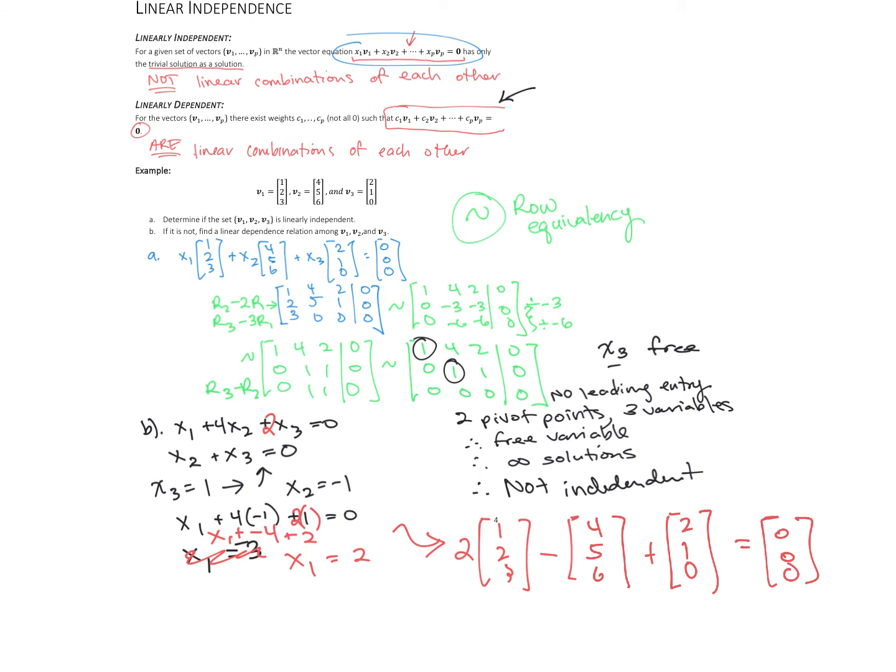Since we've already defined v1, v2, and v3 up here, we could write this as 2v1 minus v2 plus v3 equals the 0 vector.